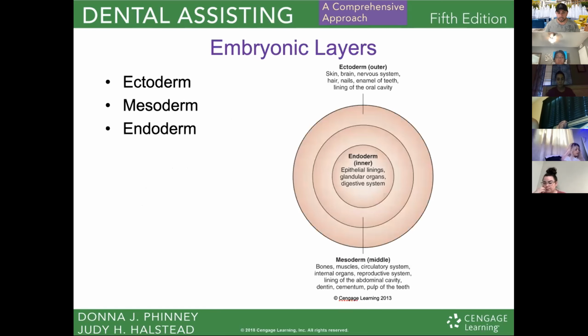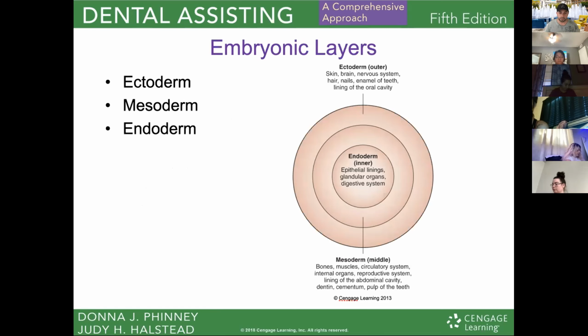So there are 3 embryonic layers. There is the ectoderm, which differentiates into the skin, the hair, the nails, the brain, the nervous system, the lining of the oral cavity, and the enamel of the teeth.